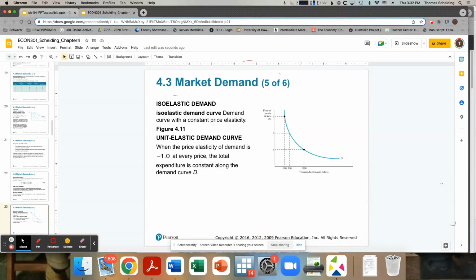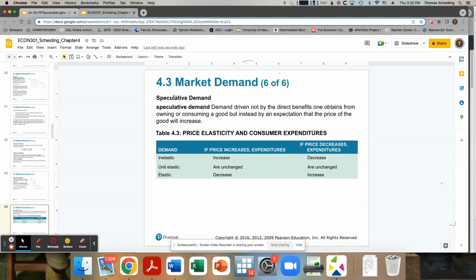But what that means is that in terms of total revenue, if I'm selling an inelastic good and I increase the price, then my total revenue will go up as well. I don't know why they use total expenditures.